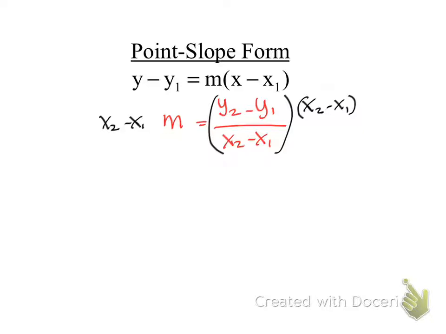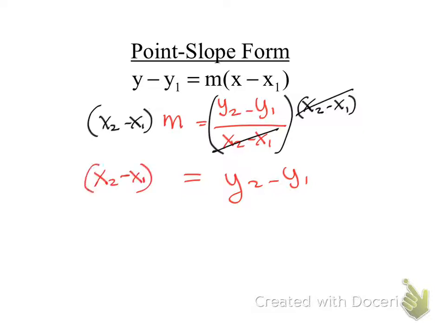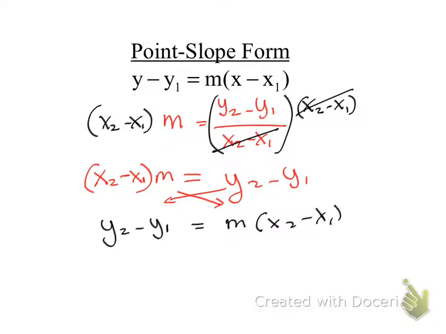These will cancel out, and what's left is y2 minus y1 equals x2 minus x1 times m. Now I'm going to switch their sides, and move the y2 over here, and the x's and the m times x2 minus x1.